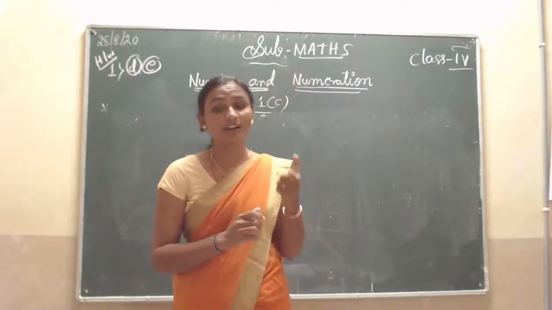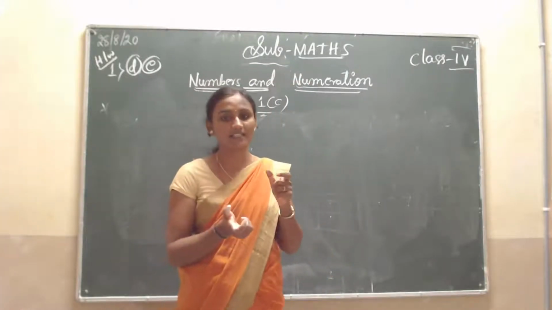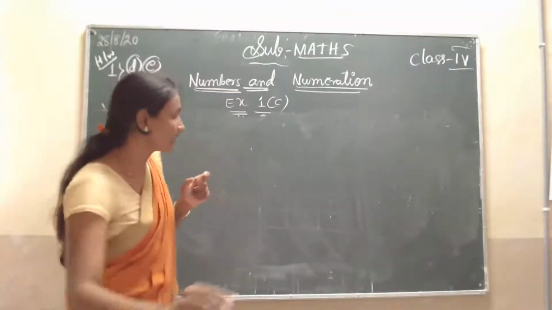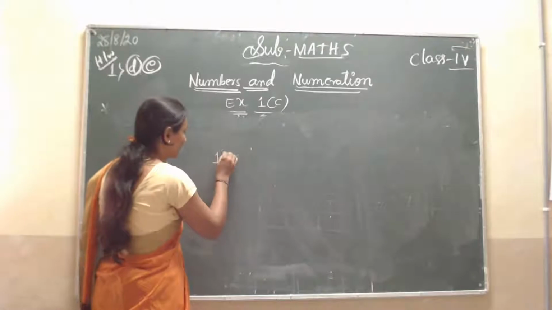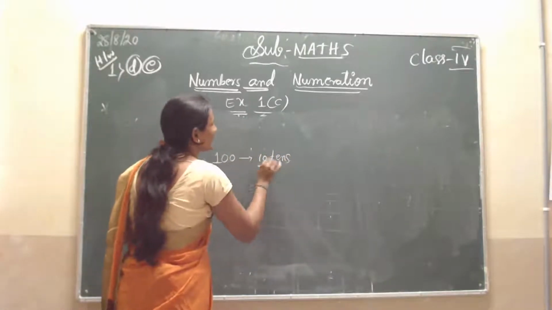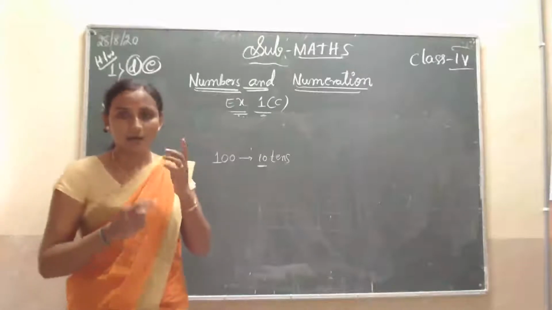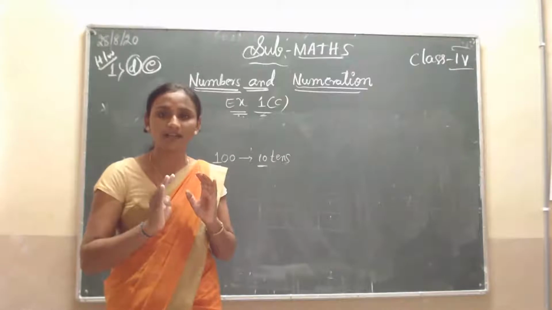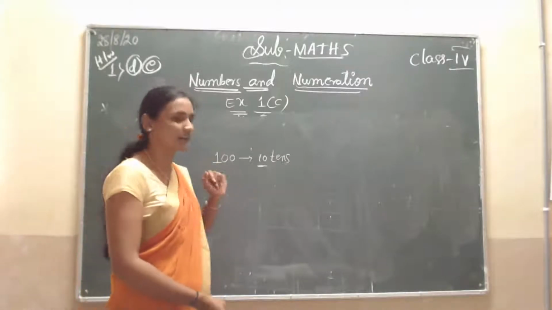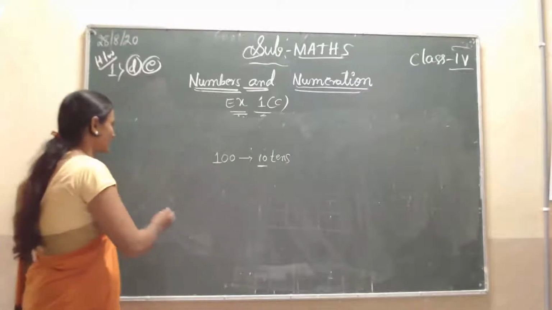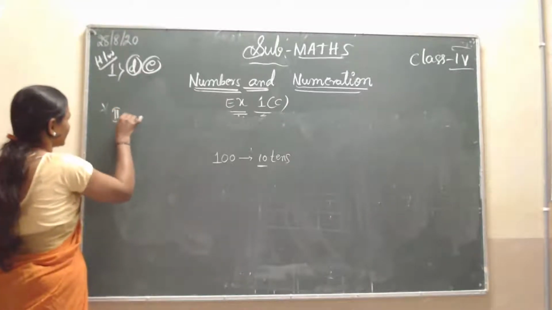Just think, 100 rupees means how many 10 rupees? One 10 rupees, again one 10 rupees, again one. So total 10 rupees notes make 100 rupees. But here the question asks for dash tens. So fill in the blanks.